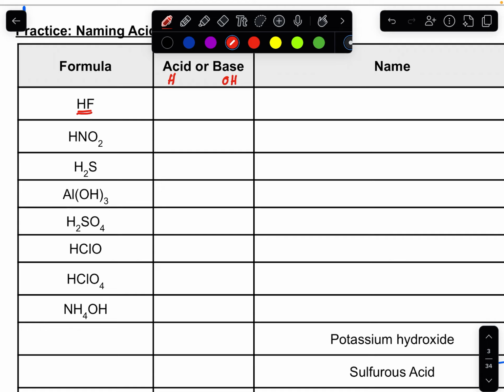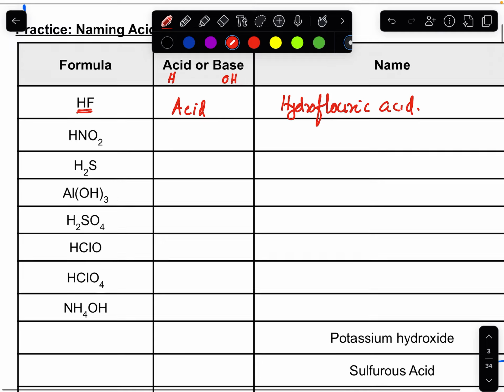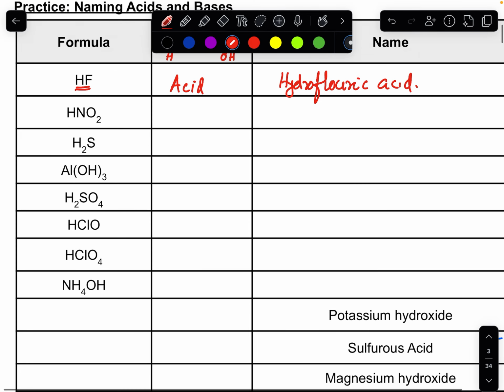Okay, so the first one is an acid and it is a binary acid, so the name will be hydrofluoric acid. And this one is ending with OH, that will be a base, so that will be aluminum hydroxide.